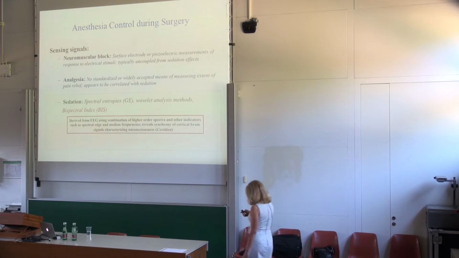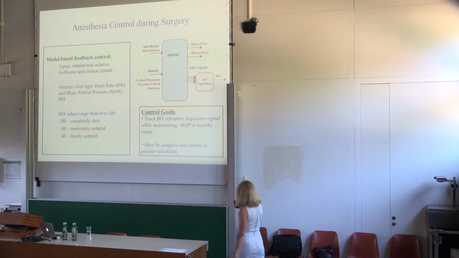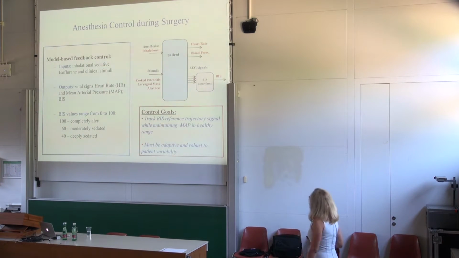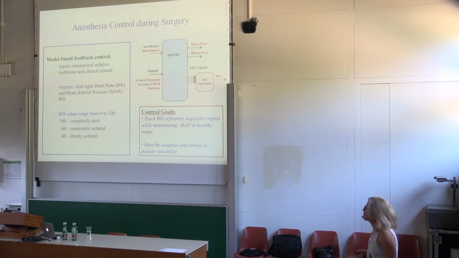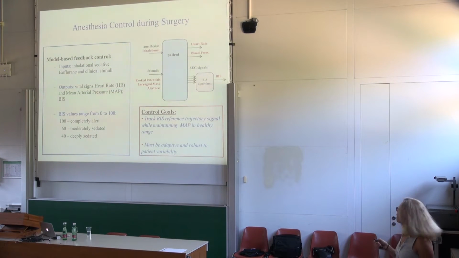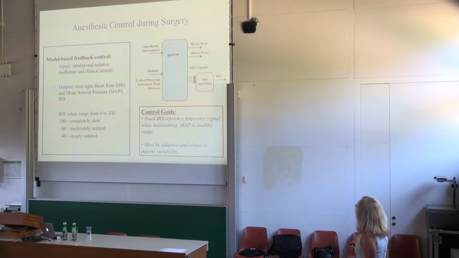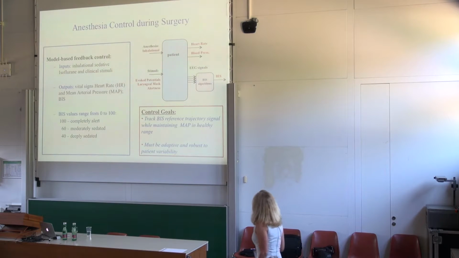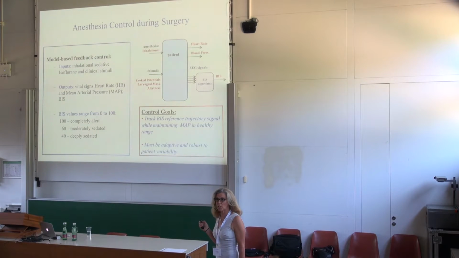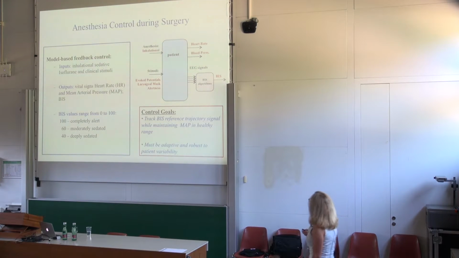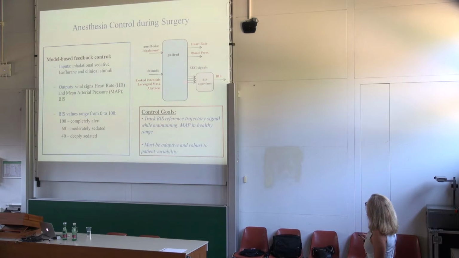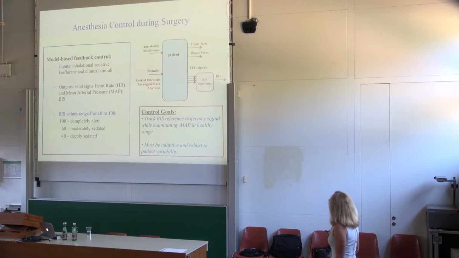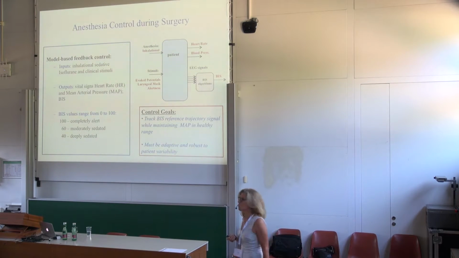And so in our work, what we use is data from a clinical trial to start, where we have inhalational sedatives and BIS outputs as a measure of sedation level. And we also have a number of other vital signs, and we have some blood chemistry data.